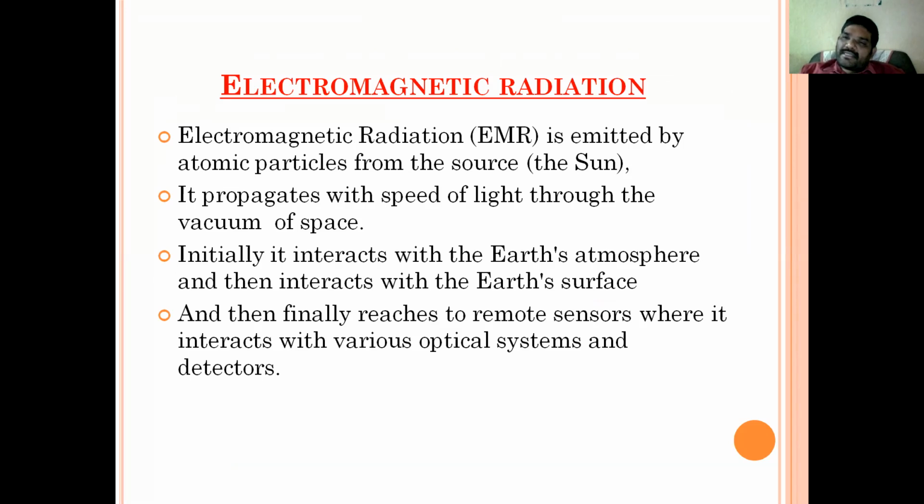By this time you understood what electromagnetic radiation is, where it comes from, and what its source is. You already gained the knowledge of how it enters the atmosphere. Still, let me give a brief introduction of one or two points in this session.